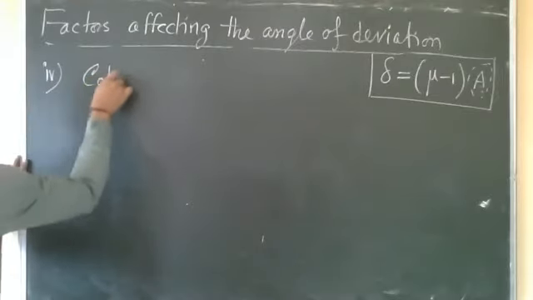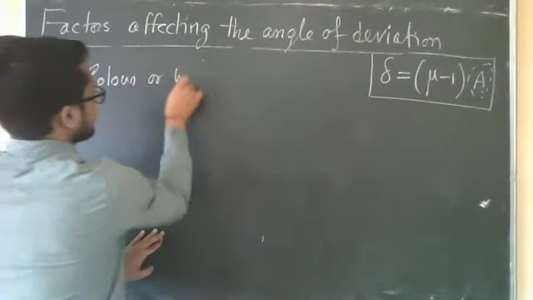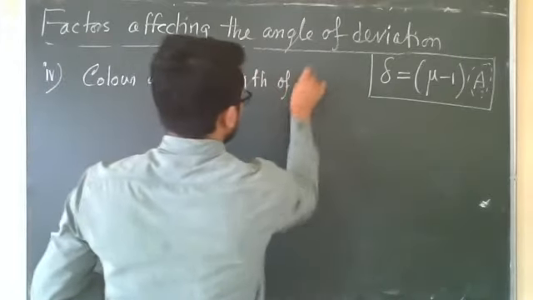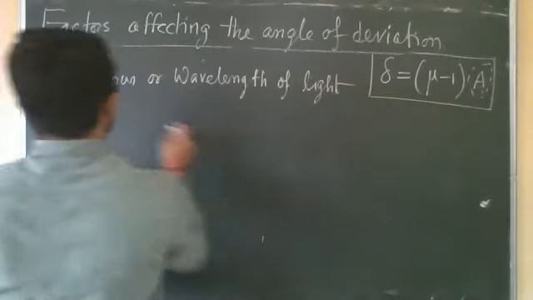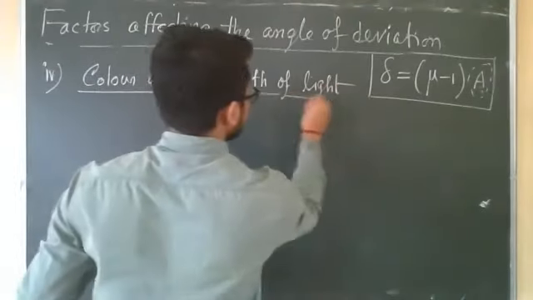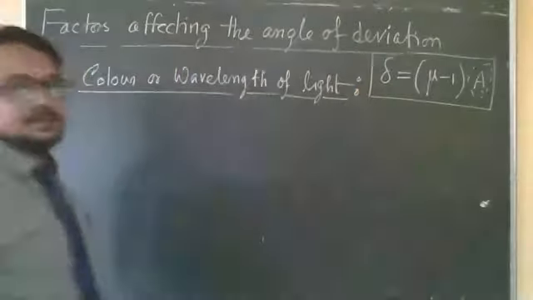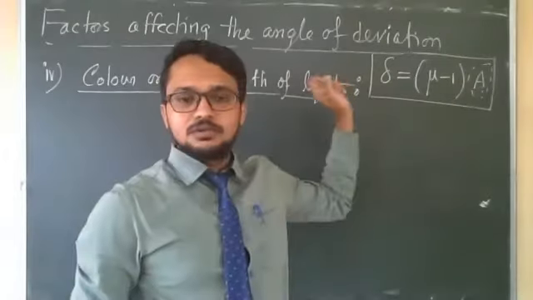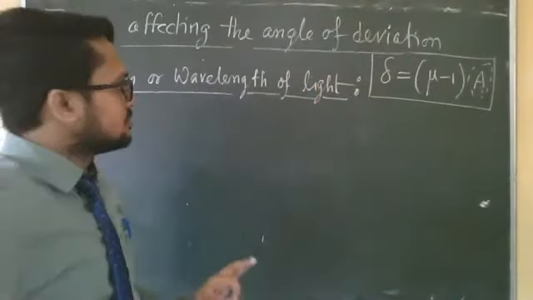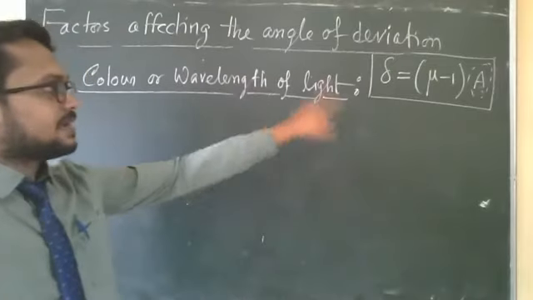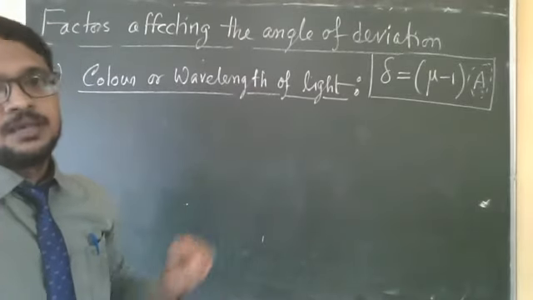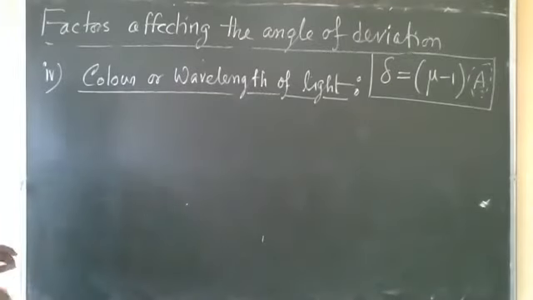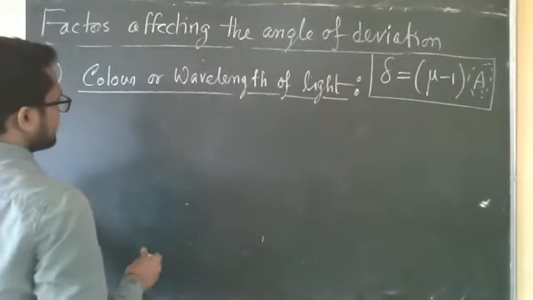Again, we can explain this point from this equation, because we know that for different colors the refractive index for a particular material will be different, right? So I am explaining in this way.